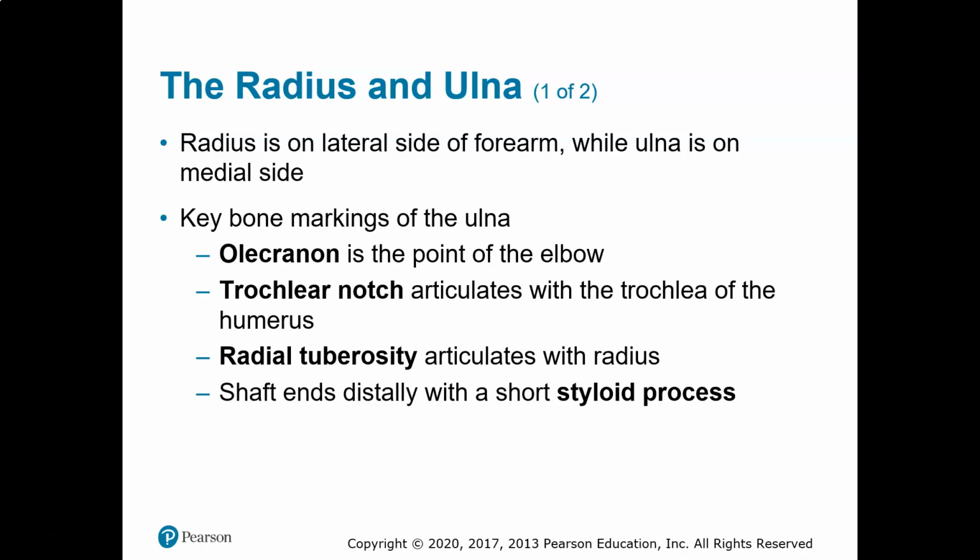And the radius is always on the side with the thumb, the lateral side, while the ulna is on the medial side, the side of the little finger or the pinky. Bone markings for the ulna, the olecranon, which we also learned in body regions, is the point of the elbow.